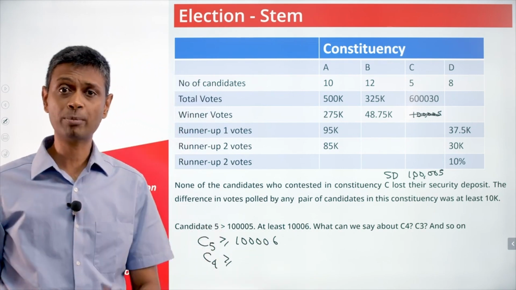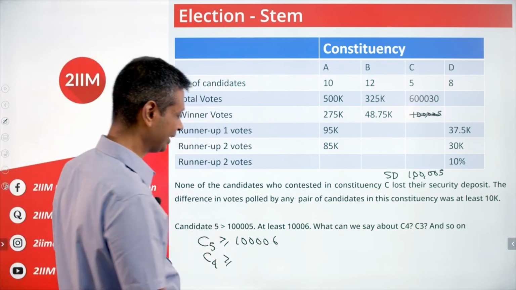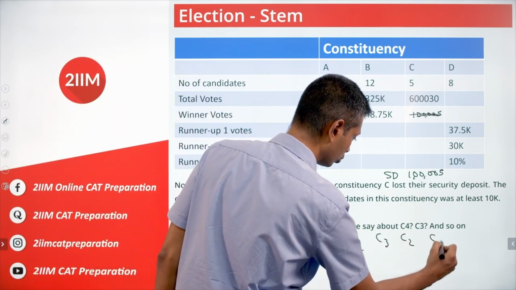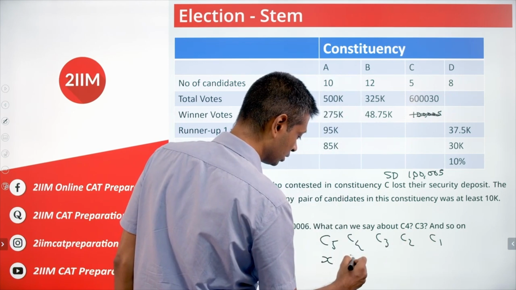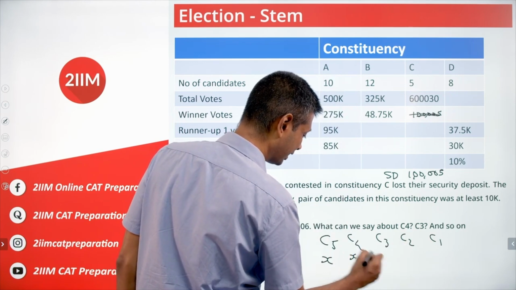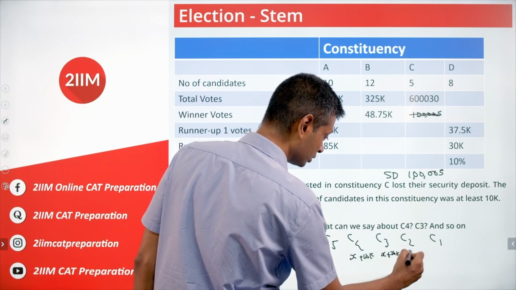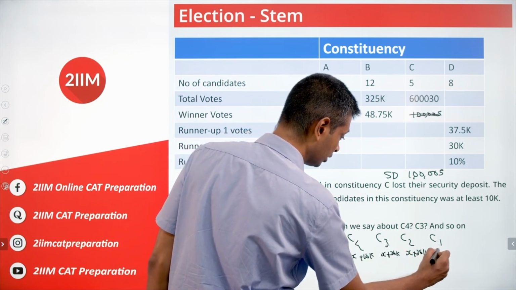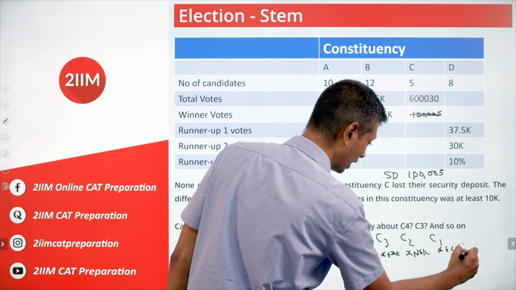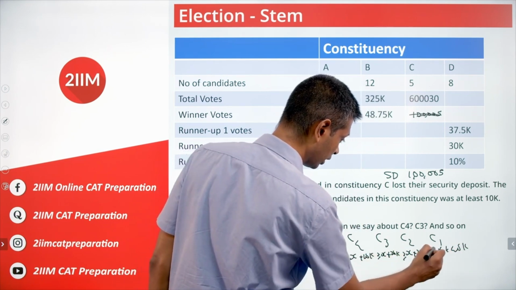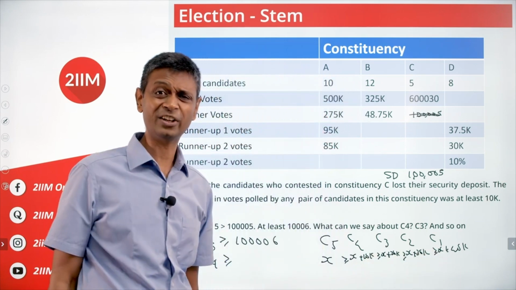At least 10,000 gap should be there. So if I write this like C5, C4, C3, C2, C1: this is X. This is X plus 10K at least. This is X plus 20K at least. This is X plus 30K at least. This is X plus 40K at least. So each of them is greater than or equal to this, greater than or equal to this, greater than or equal to this, greater than or equal to this. I find that very fascinating.